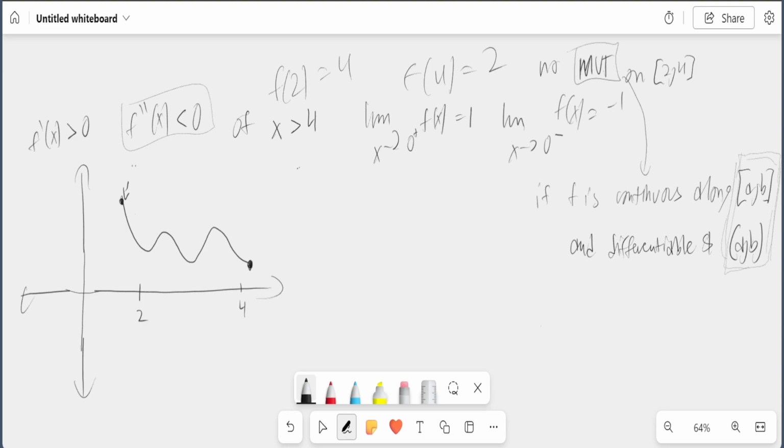But the definition of relative maximum is that it's greater than its neighbors. To have neighbors, you need to have them on both sides. But this doesn't have anything on this side. So it's not a relative maximum. Does that make sense? And similarly, this is an absolute minimum, but not a relative minimum.